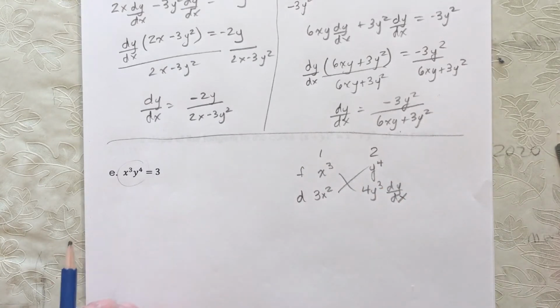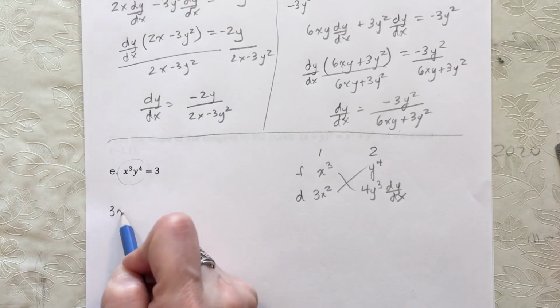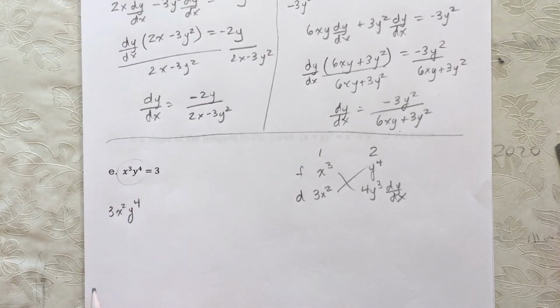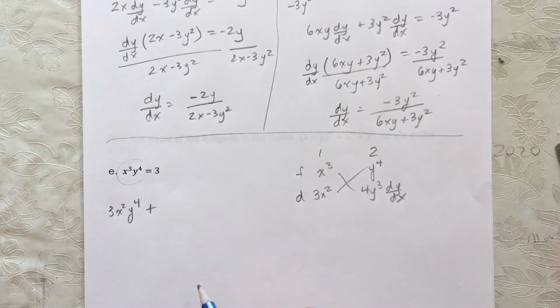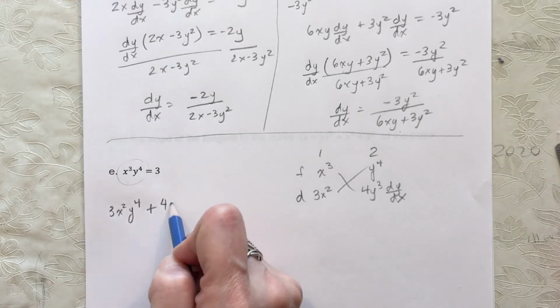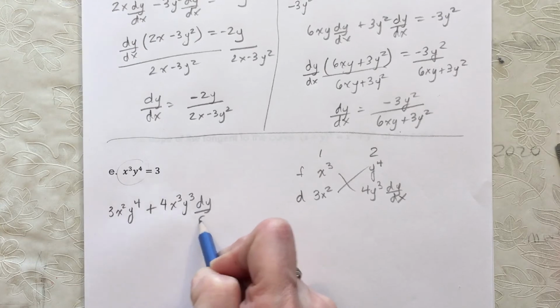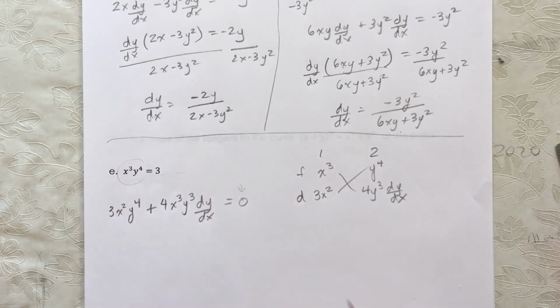Product rule, so the derivative of the first times the second is 3x squared y to the 4th, plus the first times the derivative of the second, so I'd probably write it as 4x cubed y cubed dy by dx equals, and then the derivative of 3 is 0.